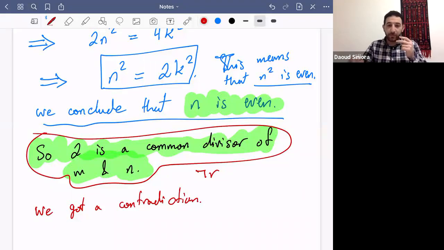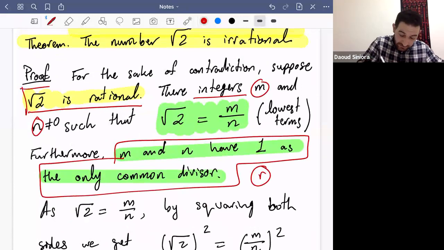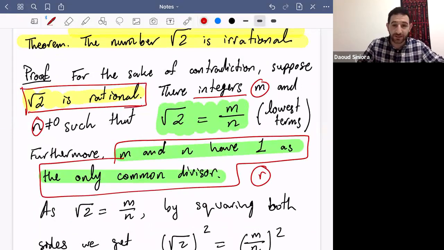as we derived two statements. One says that m and n are integers with 1 as the only common divisor, and m and n have 2 as a common divisor. So this is a contradiction. These two statements, R and not R, were consequences of our original assumption that square root of 2 is rational.